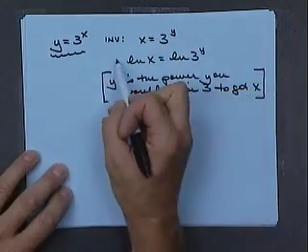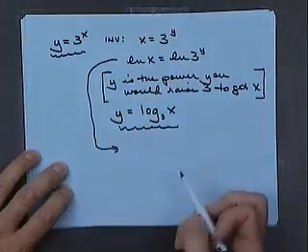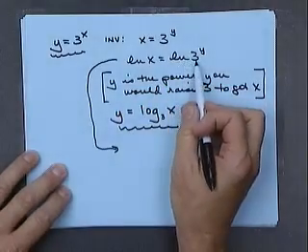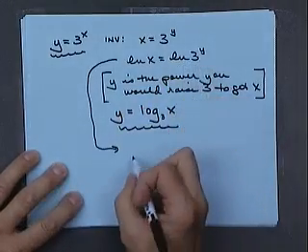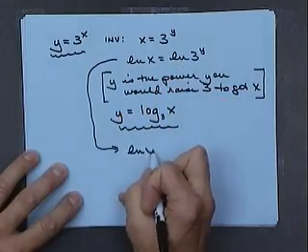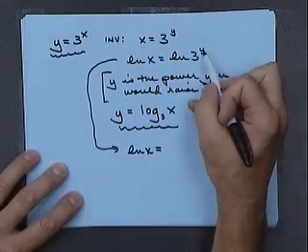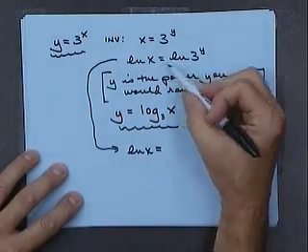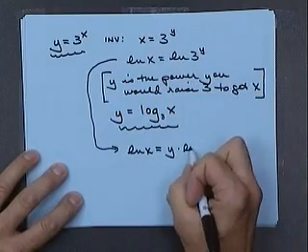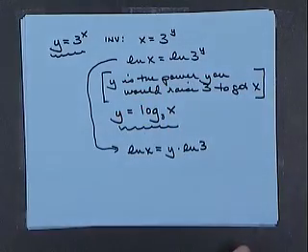Let's go back to this one. Natural log of 3 to the y would be, can't we bring that y out in front, right? Yeah. Why is that, by the way? That's not just some mathematical rule. It's the rule of logs.